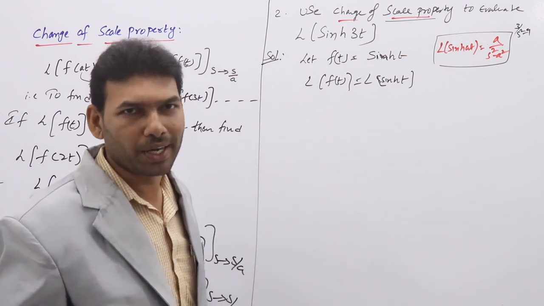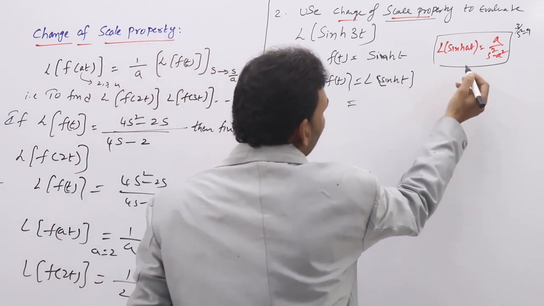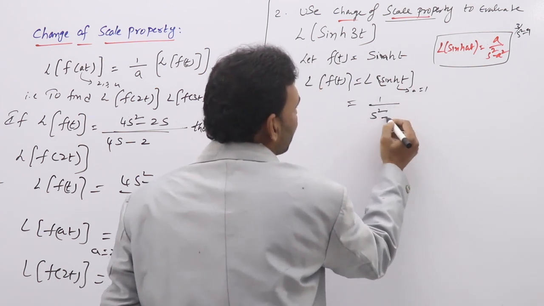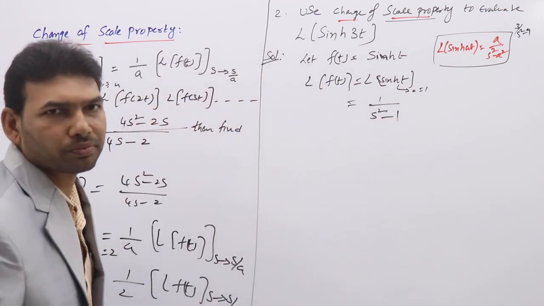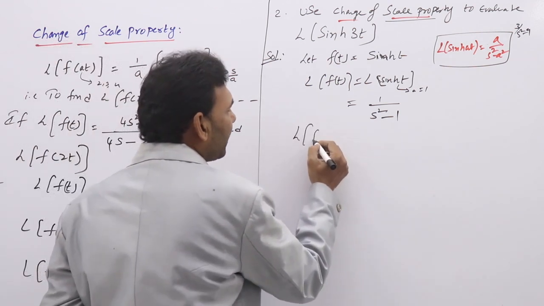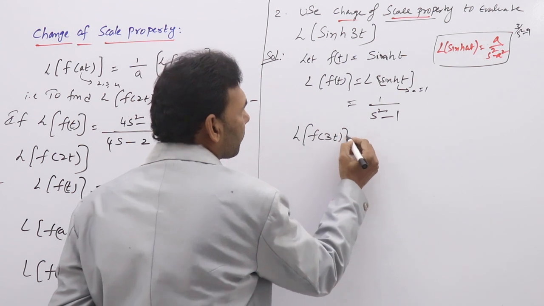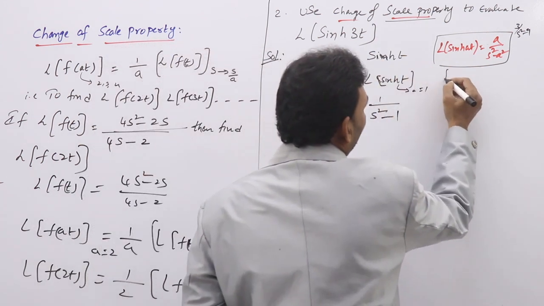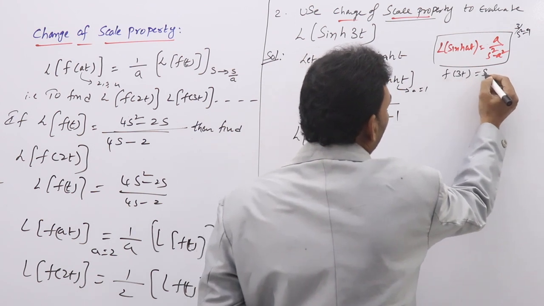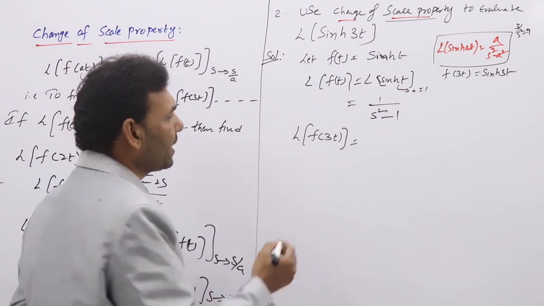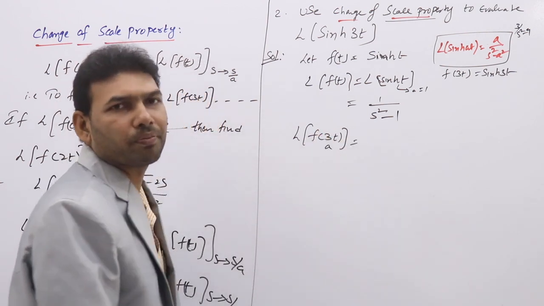Using change of scale property. So now, L of sin ht means here a value is 1, so 1 by s square minus 1. Now, we need to find L of f of 3t, because if f of t is sin ht, f of 3t will be sin h3t. Here a is 3.